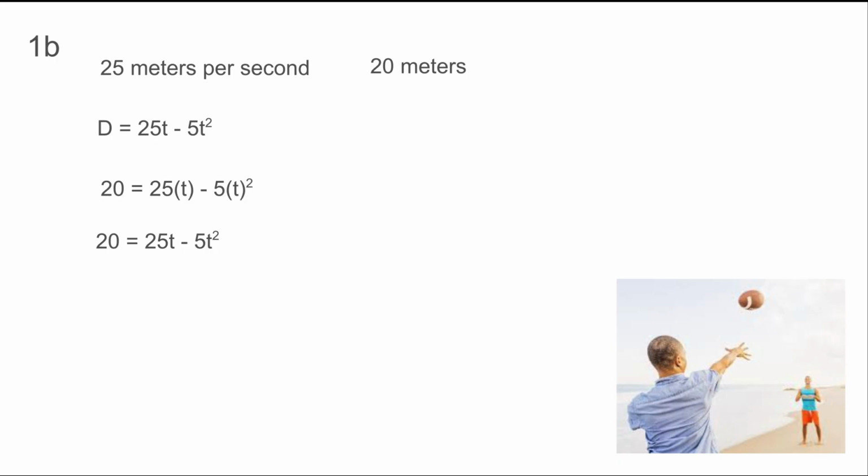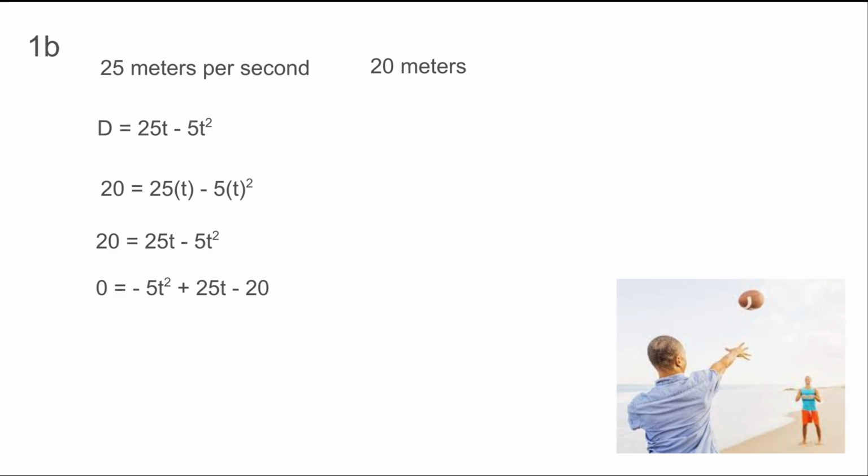So we're going to move 20 over, so we'll subtract it. And then we rearranged our terms so that negative 5t² was first. That's our A. 25t was second, that's our B. And then negative 20, when we moved it to the opposite side of the equal sign, negative 20 is our C. And so, remember, we're still having to solve this for t, how long it's taking us.